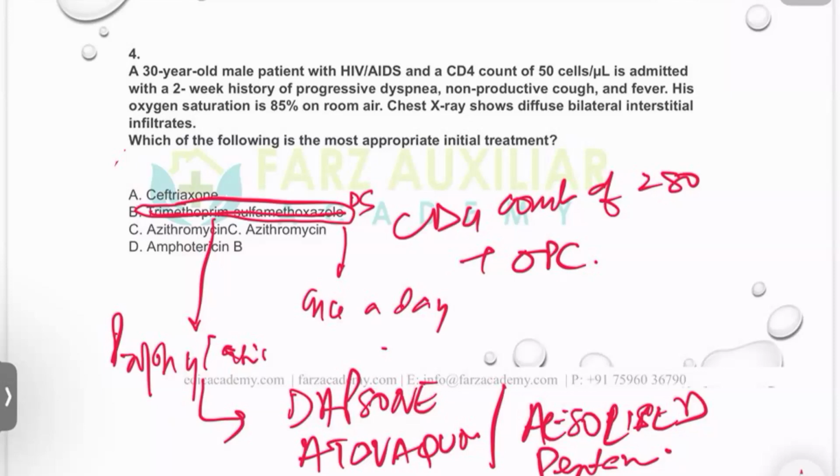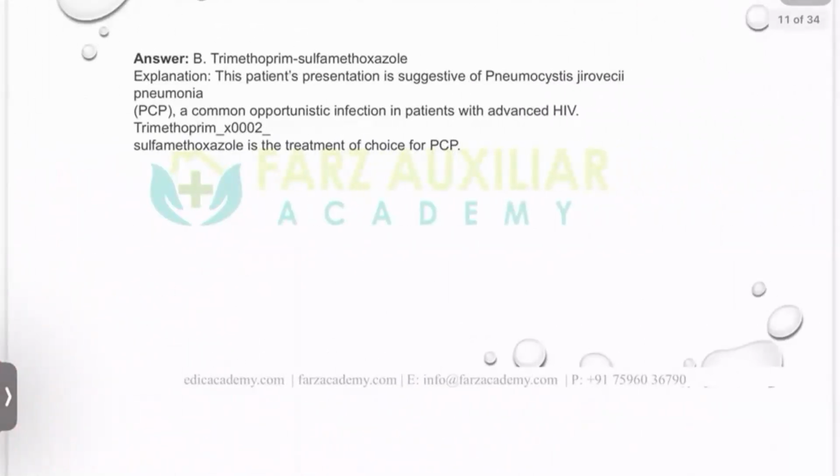Cannot use, then you can use the combination of clindamycin and primaquine. If you cannot use that, atovaquone is the reply. For prophylaxis, dapsone is another drug which you can give if you cannot give trimethoprim sulfamethoxazole. Is that clear?